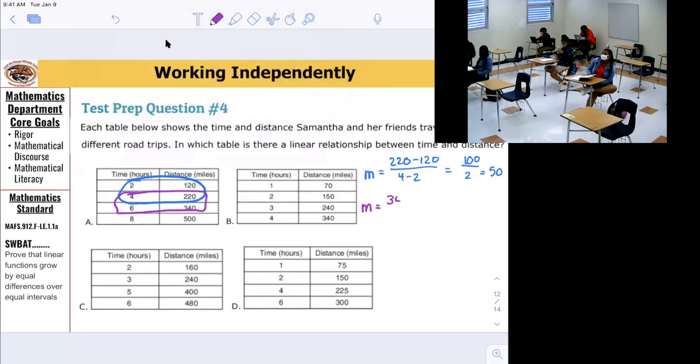I get 340 minus 220 over 6 minus 4. What's 340 minus 220? 120. 120 over 2 is 60. So right off the bat, I got 50 for the first two and 60 for the second two, which means this is already not linear.